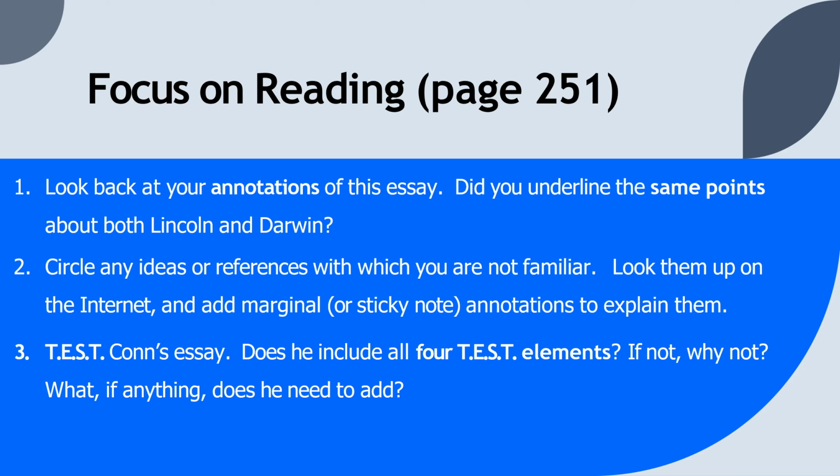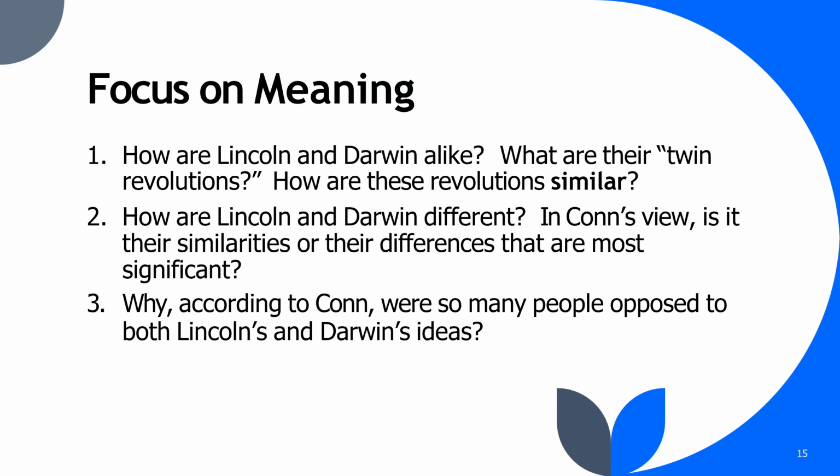Then you're going to actually read it, and you're going to test it. Okay, so just like the other times, we then break down each particular piece. You're going to first focus on what the essay actually said and how they're alike and how they're different. Think about their structure a little bit as you're going through this.